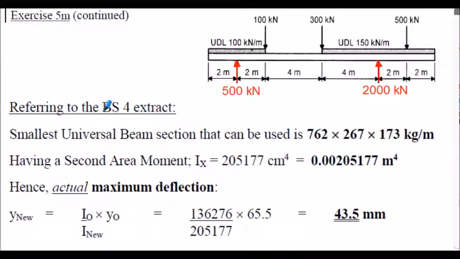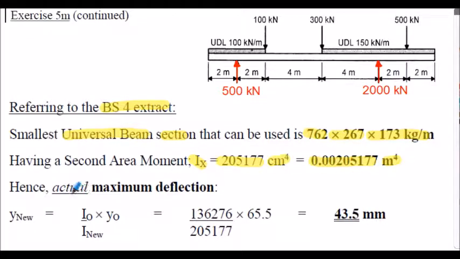So referring to the extract from BS4, the smallest universal beam section we can use is 762 by 267 by 173 kilograms per meter. From the table, that gave a second area moment, an Ix value of 205,177 centimeters to the 4, and if we convert that to meters, that'd be 0.00205177 meters to the 4.